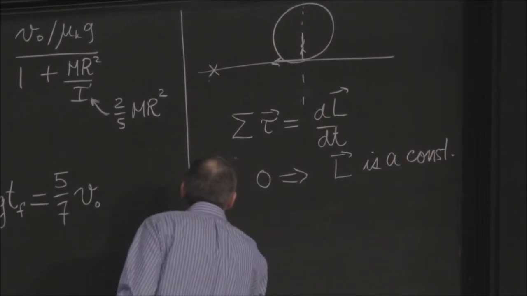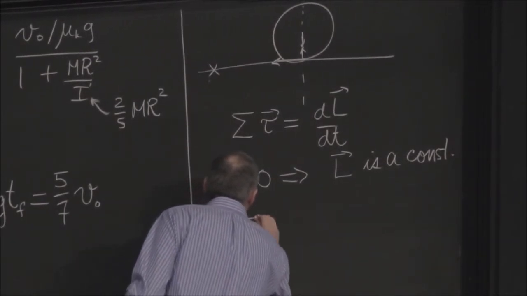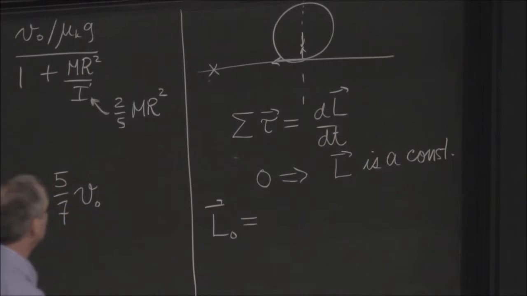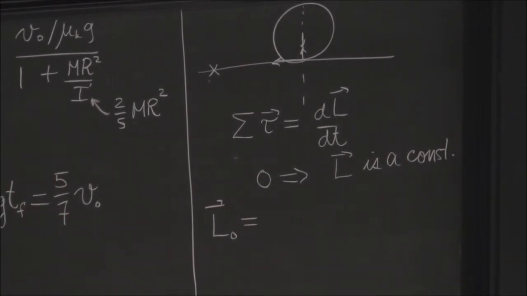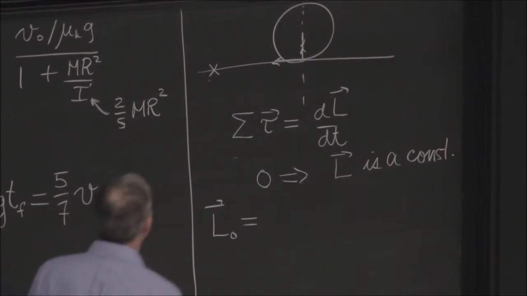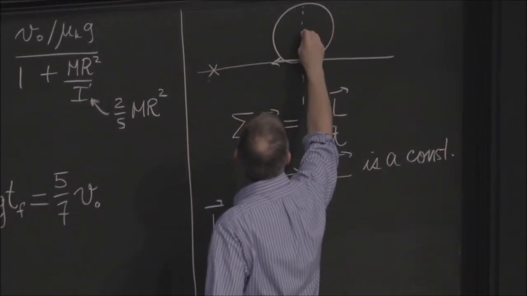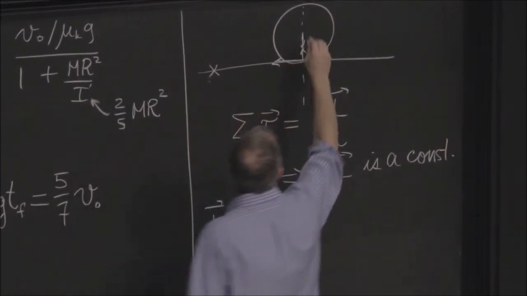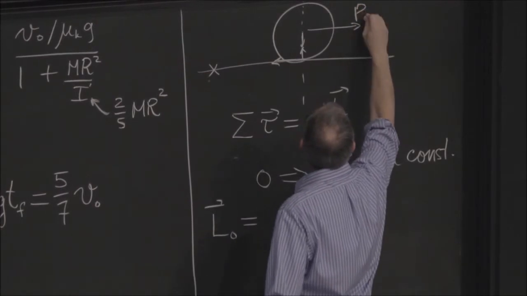So L initial. Does it have any angular momentum about that origin? It's not spinning. But it's translating, it has only orbital, which is r cross p, with r to the center of mass, it's moving that way.